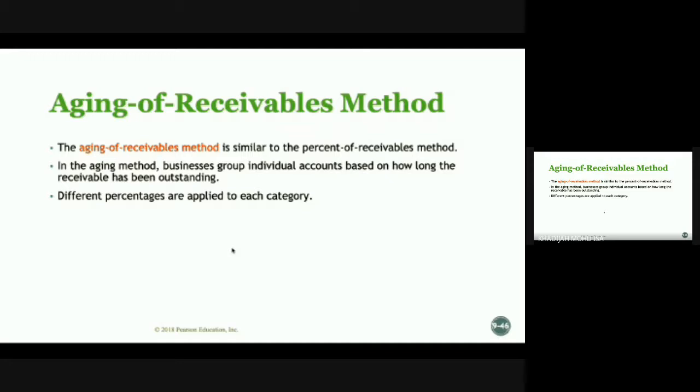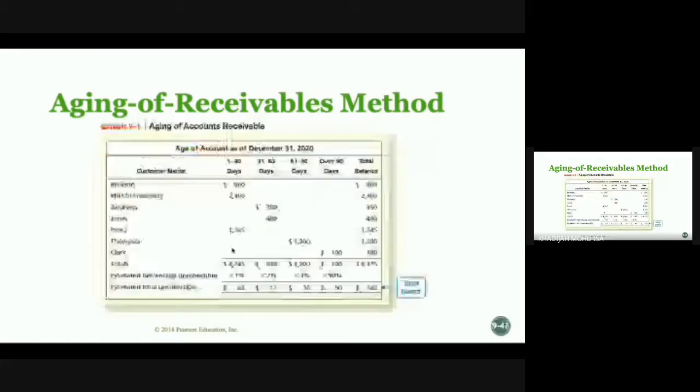So when you talk about aging, it means that all your receivables will be put into groups, right? Depending on how many days of the aging. So for example, here, aging means, okay, how many of your customers will pay within 30 days?